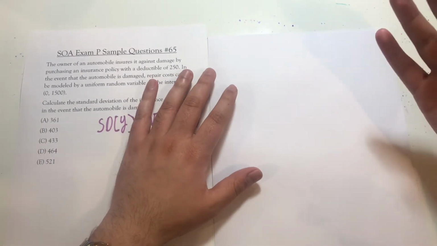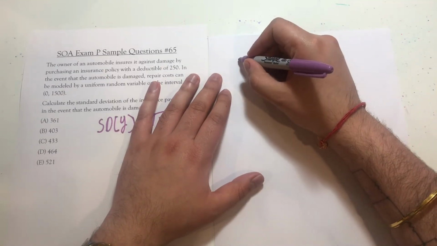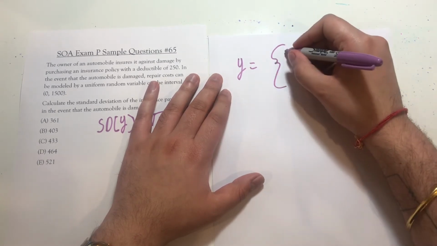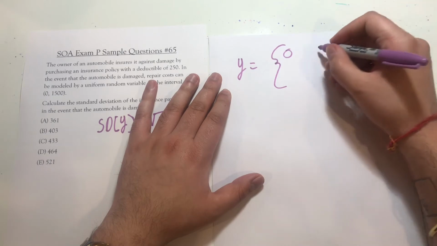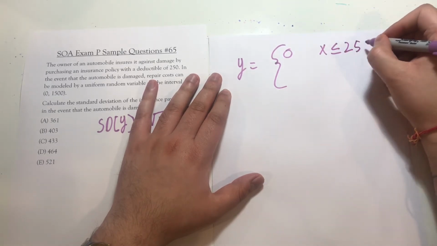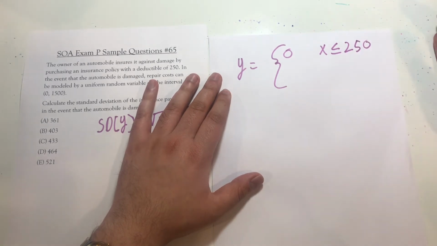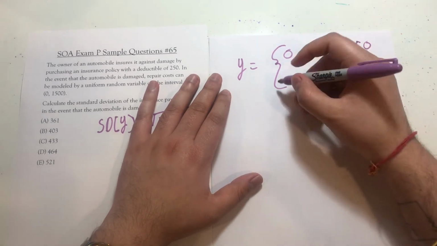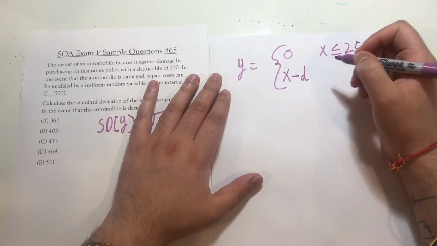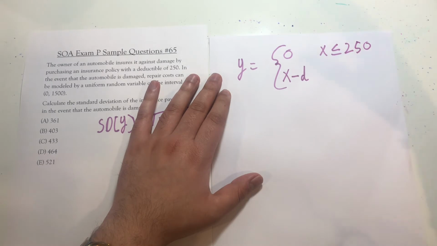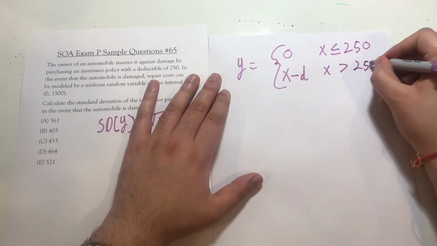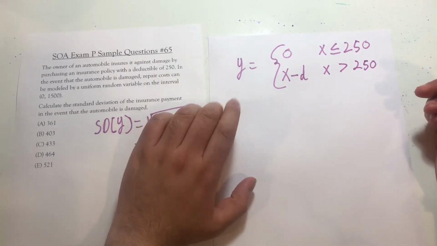That's what will be paid by the insurer. So y is going to be a piecewise function. It will be 0 anytime your loss is below the deductible, less than or equal to $250. The payment will be whatever the loss is minus the deductible for any time you exceed. So x must be greater than $250 in this situation.